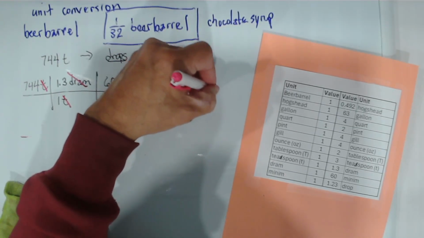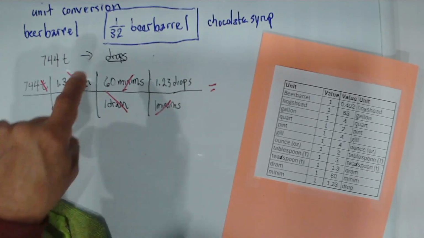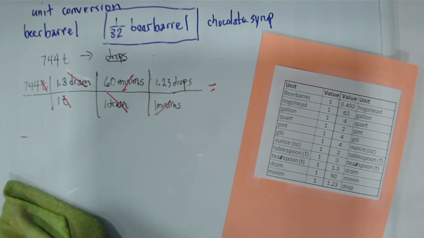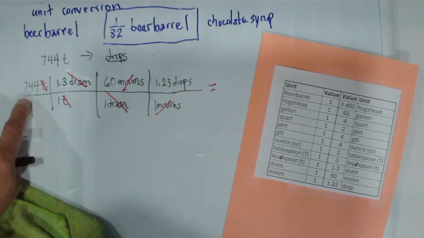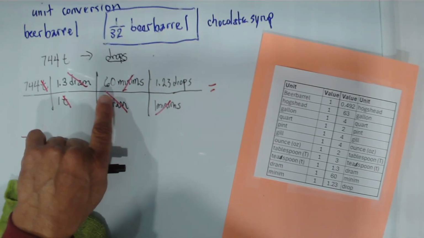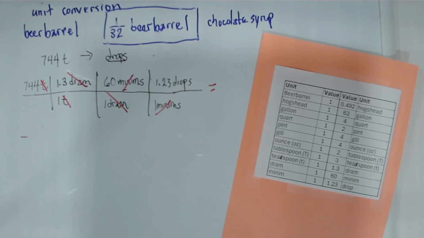So how many drops can you get out of 1/32 of a beer barrel? Well, let's see what we end up with. We got 744 times 1.3 times 60 times 1.23. So let's find out what we get.